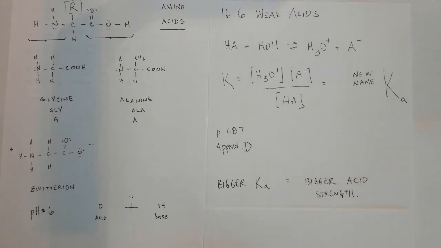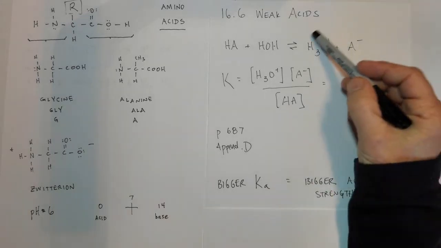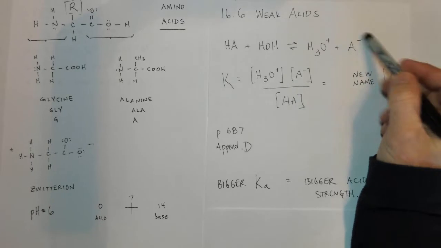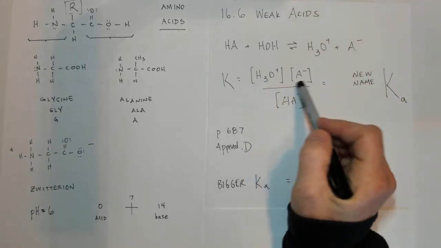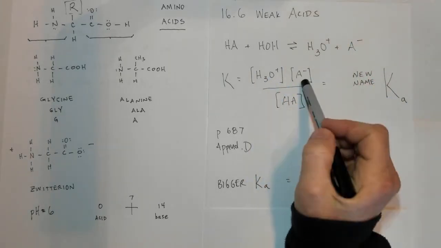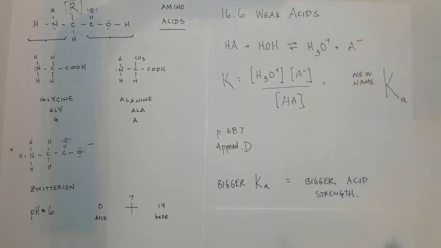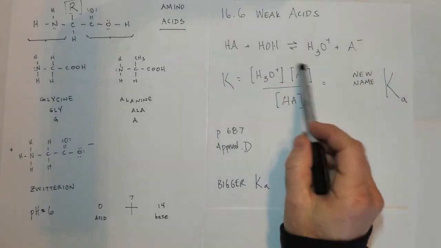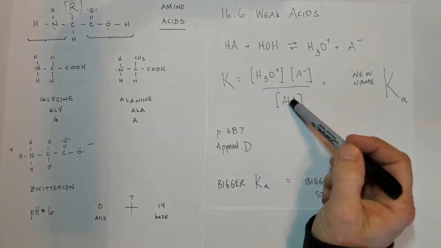This is just a good selection of them. So the bigger the Ka, the bigger the acid strength, because the more H3O plus it forms and the more A minus it forms. And the larger the number here on the top of this fraction, the more dissociation there is. For things like HCl, this number would be thousands, and this number would be very, very, very small.